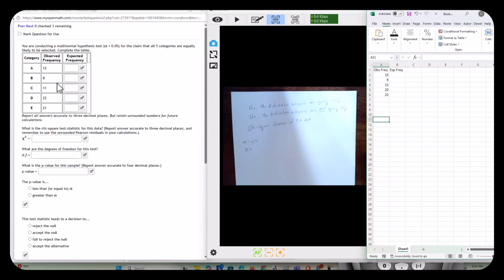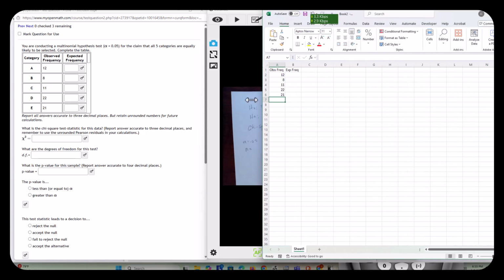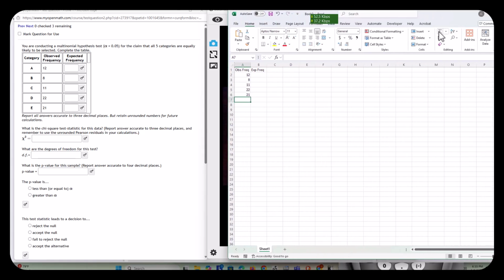Okay, so how many are there? There's 1, 2, 3, 4, 5. So equally likely would be that they're multiplied by 1/5 or by 0.2, whatever you want to do. So what we'll do here is, we have to get a sum first of all. I'll cheat here and just say sum. So n is equal to 74.